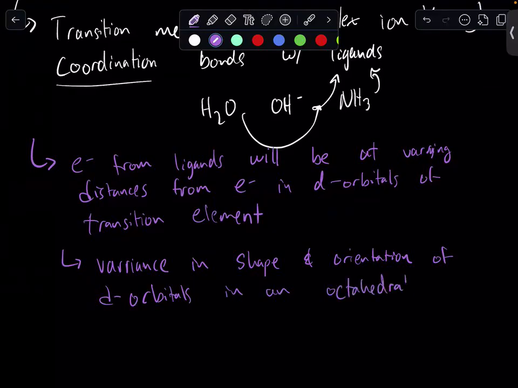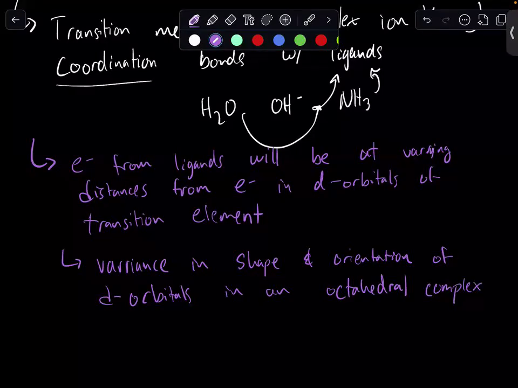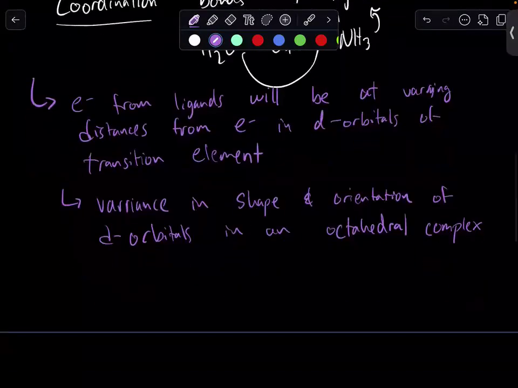So this is bringing back electron domain geometry and molecular geometry. These transition metal ions, or things with d levels, can form octahedrals, and they do this with the ligands. So we might see this in something like chromium hexahydrate, 3 plus, and it would make an octahedral shape.